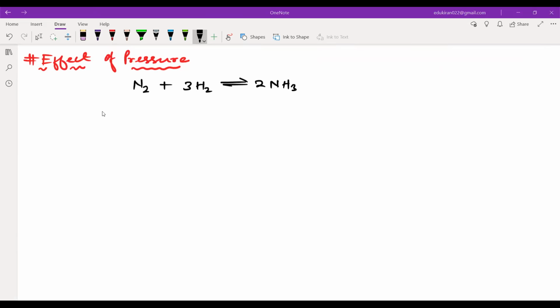Whether the reaction will move more towards forward direction or backward direction.